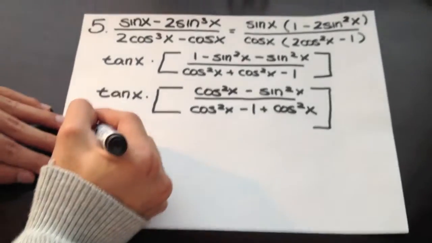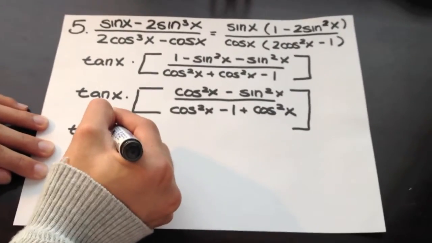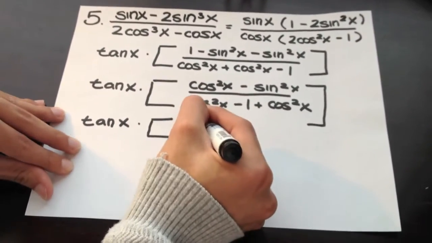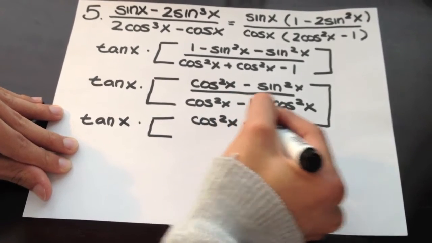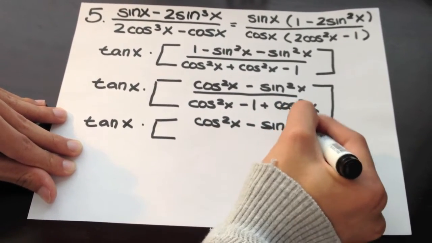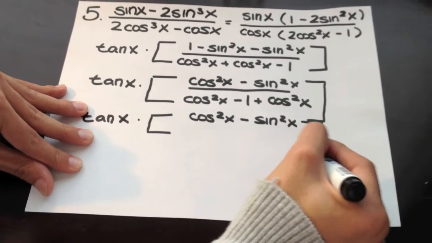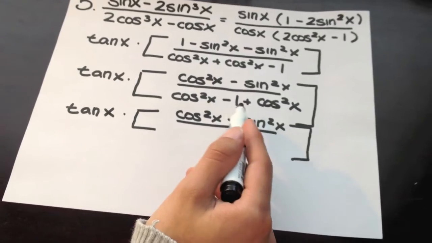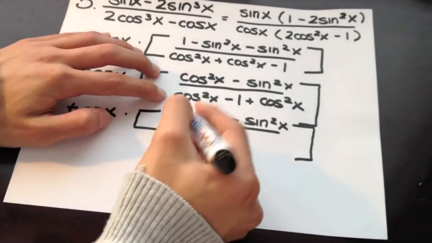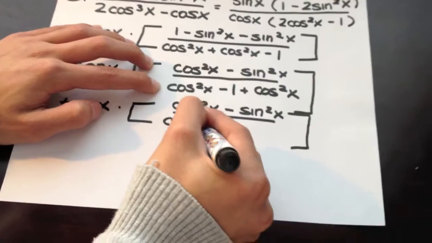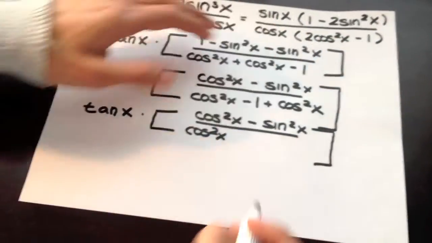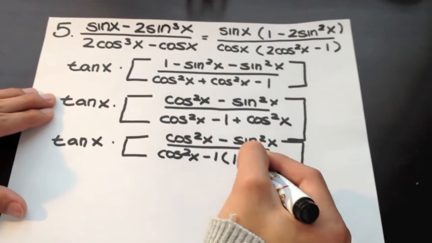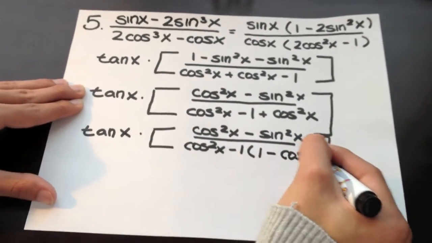So I'm going to rewrite this as tan of x times bracket cos squared of x minus sine squared of x over, notice how I'm going to factor out negative 1 here. So I'm going to have cos squared of x, and I'm going to factor out a negative 1 here, so I'm going to end up with 1 minus cos squared of x.